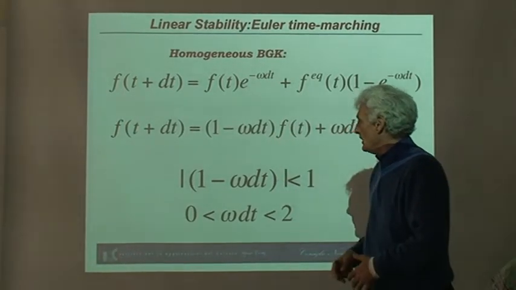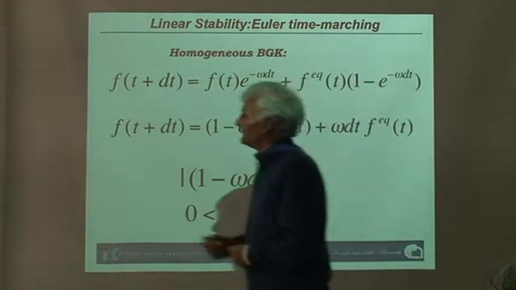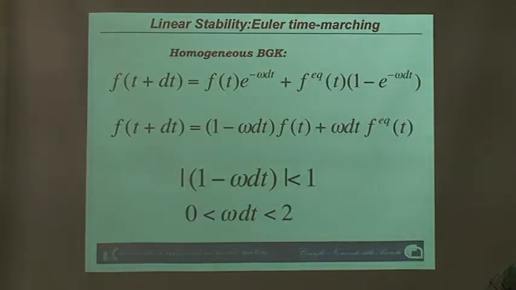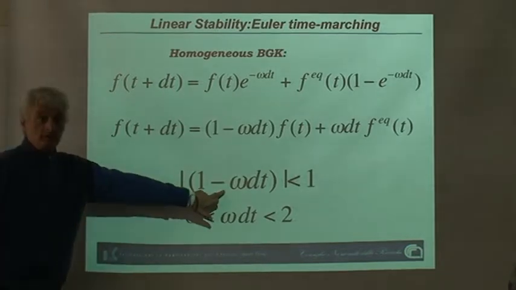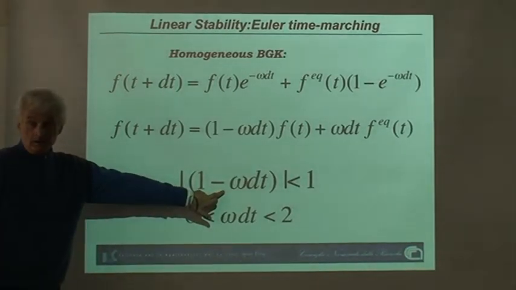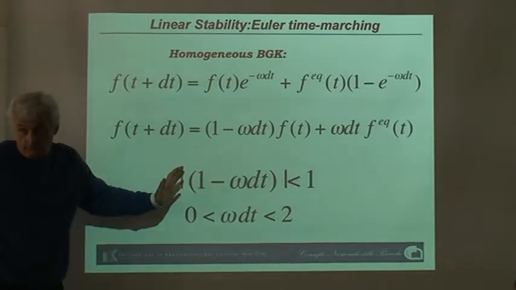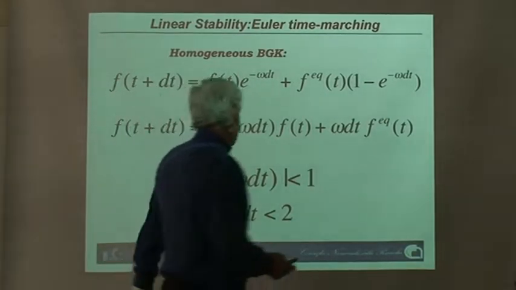Otherwise it's easy to show that, instead of having an exponential relaxation like this, if I take small steps, it will be okay. If I take large steps, I will do something like that. These things can blow up. The condition for stability is that omega delta t is less than 1. Is this known to you? I think it's very plain.